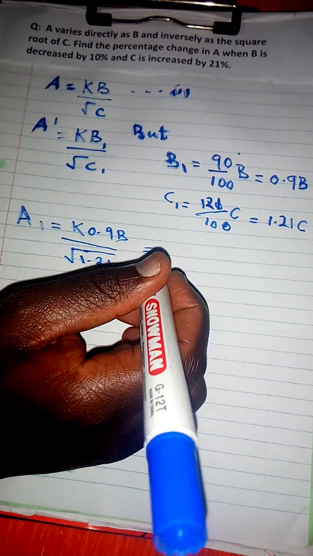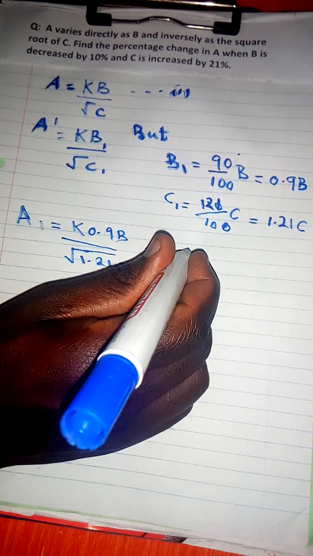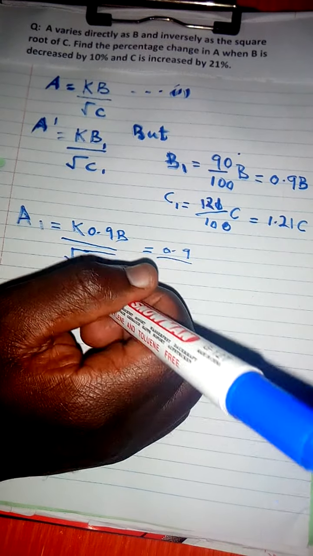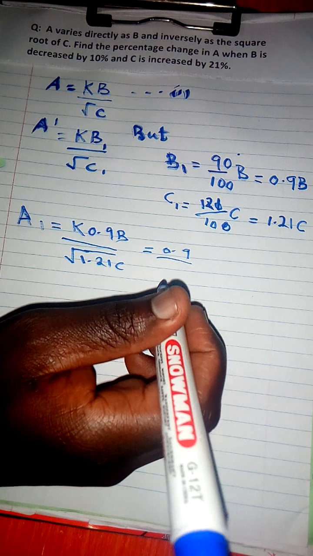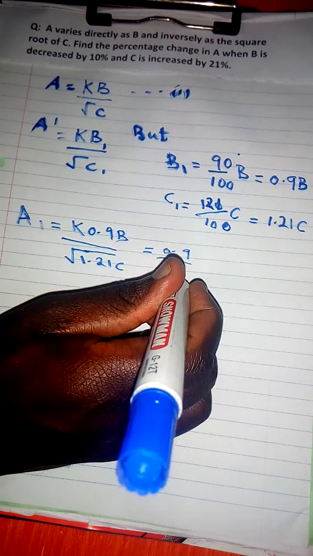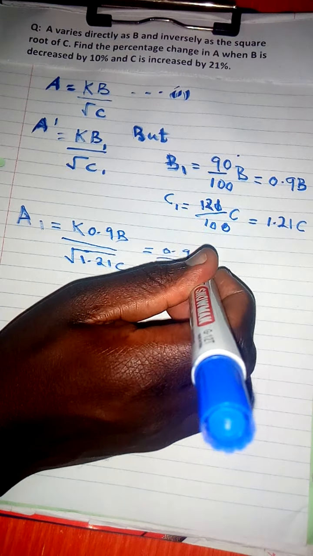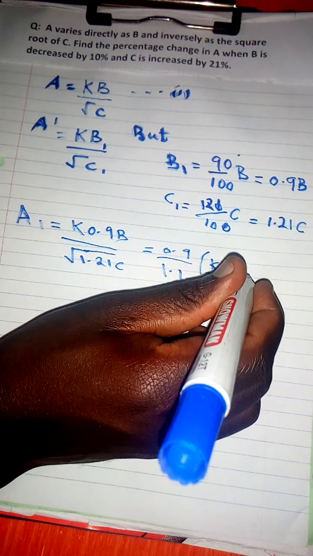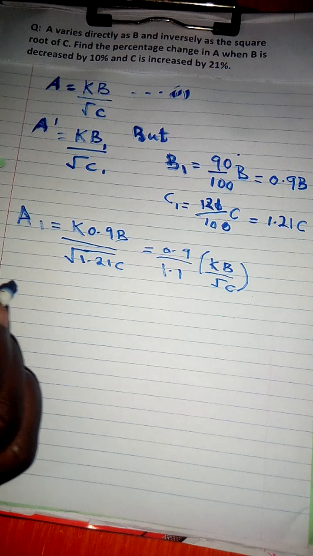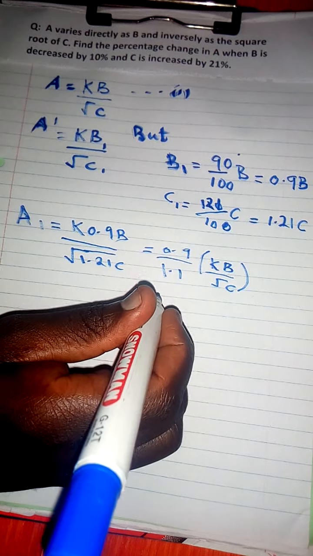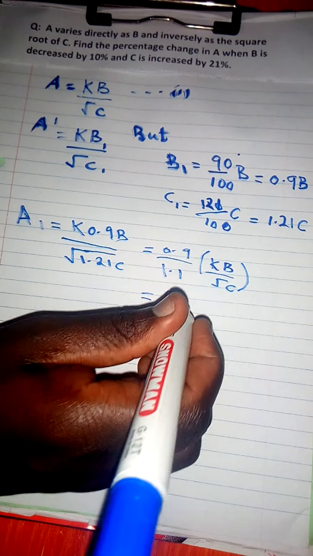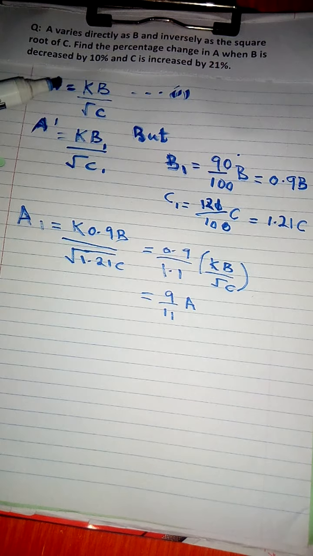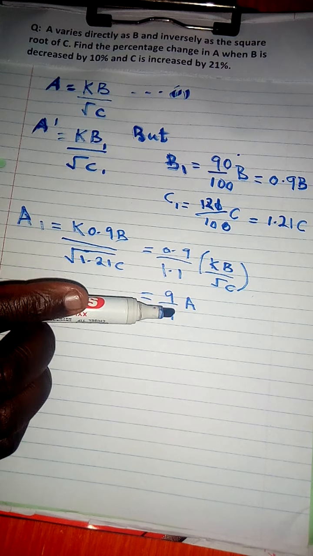Going further, 0.9 over the square root of 1.21, which is 1.1. Then we isolate K, B, the square root of C. In that case, we will now have 9 over 11 A, because if you isolate this, we come back here. So the value of A, we just put it in there.